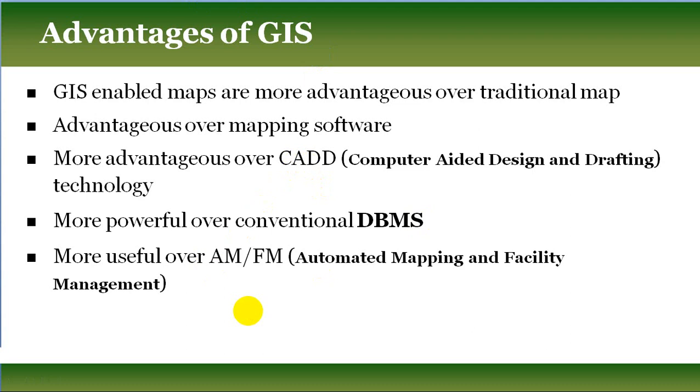Okay, so let's jump to the CAD and AMFM technology, because both of these technologies, similar to GIS, are also capable of storing geographical data. But they have differences with GIS.